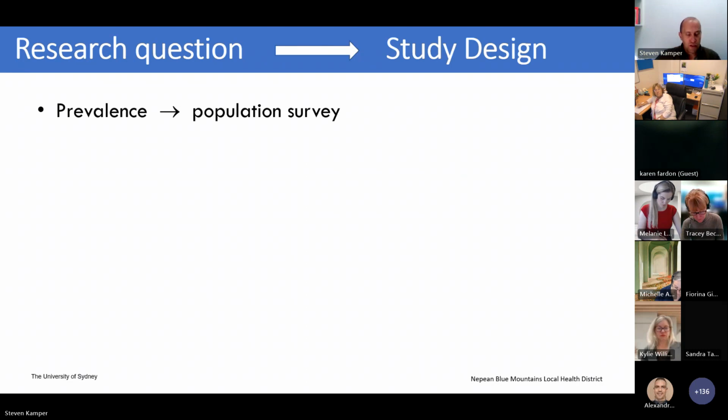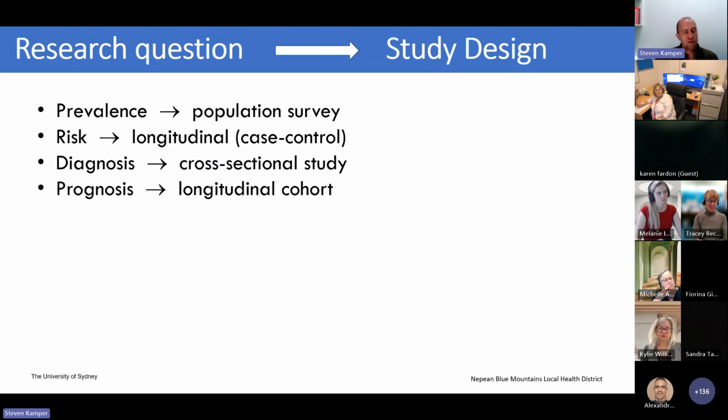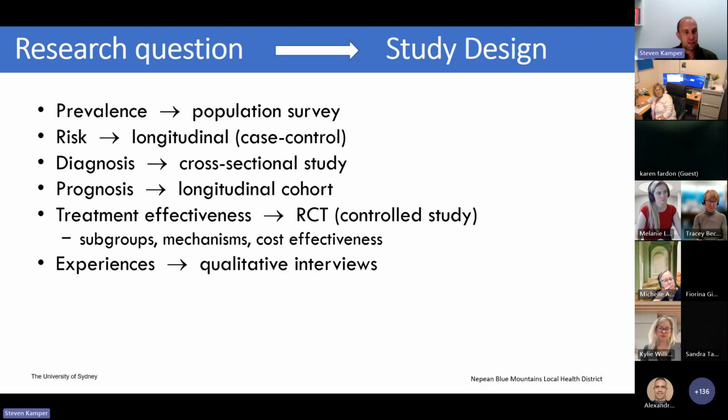By way of example, and these are obviously not all the study design features, and they're certainly not specific questions, but they're types or subtypes of questions. If you're doing a prevalence study, you need to do a population survey. If you're looking at risk, you need a longitudinal or case control study, and likewise for diagnosis, prognosis, treatment effectiveness, experiences.